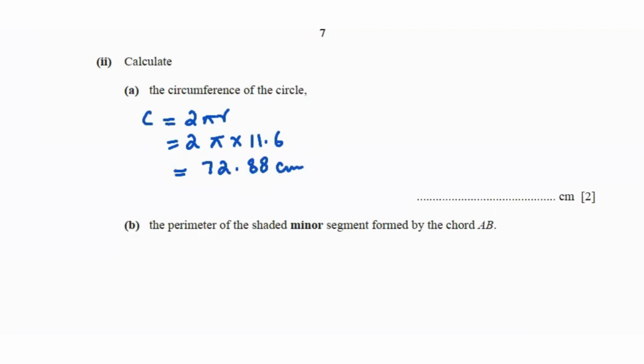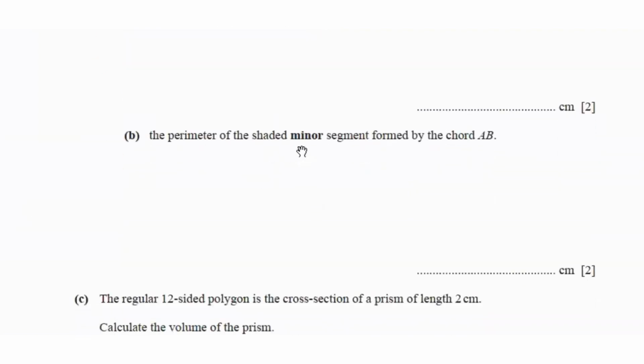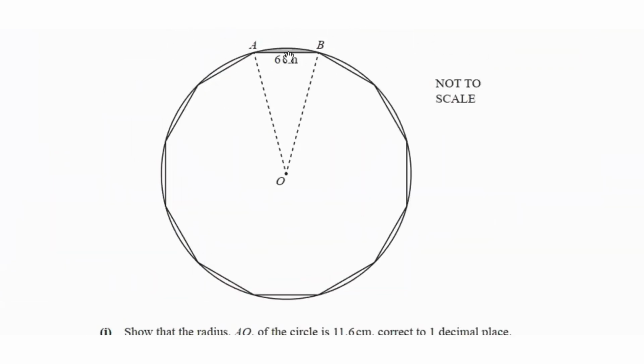Then it says the perimeter of the shaded minor segment formed by the chord AB. So that's this shaded part. So let's highlight this part first. So we have this sector over here, and inside the sector, we have a triangle as well.